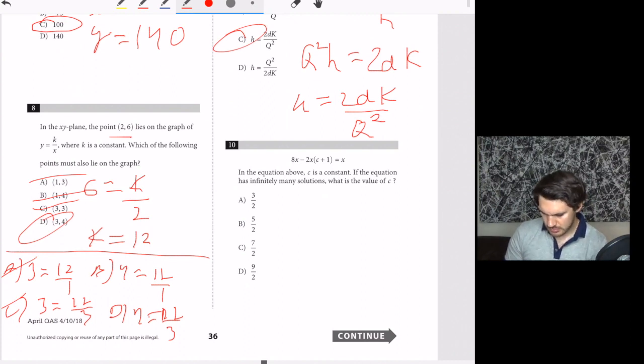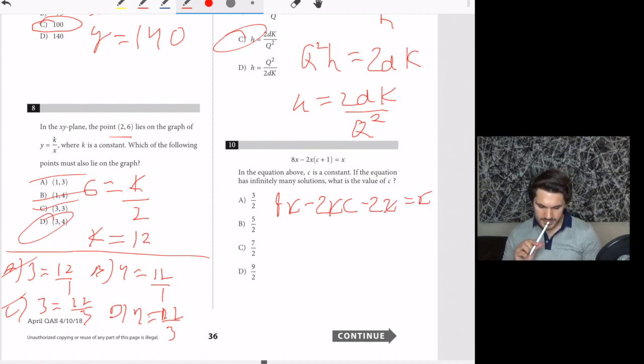Well, looking at it, my guess would be basically to distribute out the negative 2x with the c plus 1. Just because literally I don't see anything else that we could do in this question. So let's do it. If we rewrite this doing that, we'll get 8x minus 2xc minus 2x equals x.